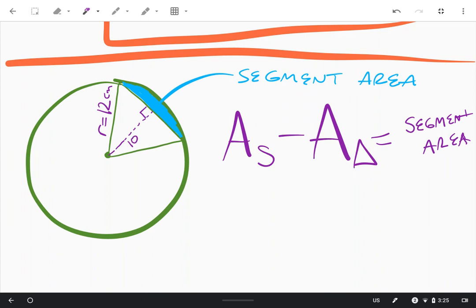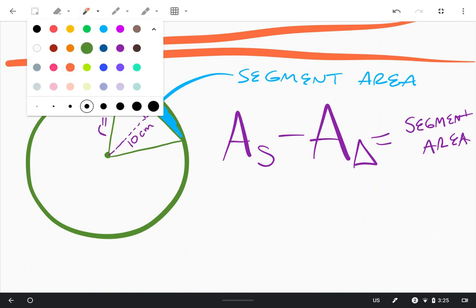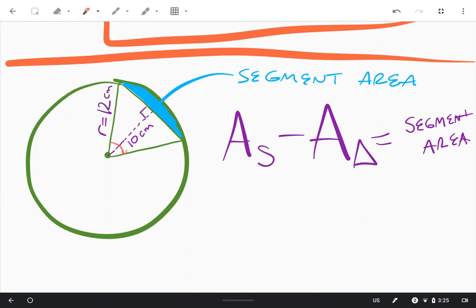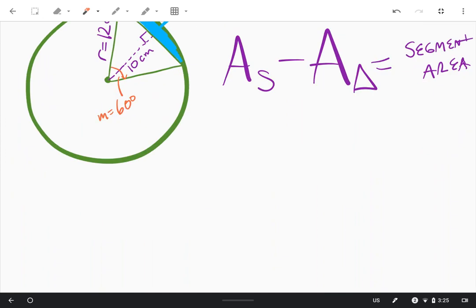Let's say the height is 10 centimeters. You're also going to be given the measure of this angle on the inside. So we'll say that this angle is equal to 60 degrees. So we have everything that we need because we have our M and then we have the dimensions of our triangle.